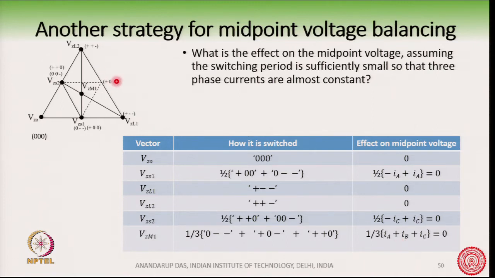IB was flowing out of the midpoint. And then with plus plus 0, what is the midpoint current? It is IC. So, if I apply VZM1 with this combination, the net current which we are taking out of the midpoint is again coming out to be 0, assuming that the currents are sufficiently constant in a switching cycle.